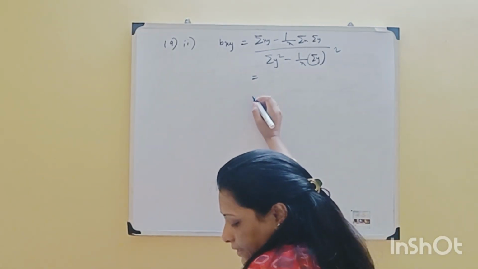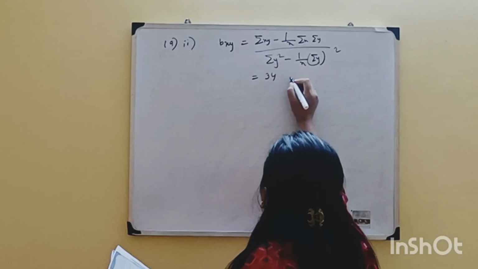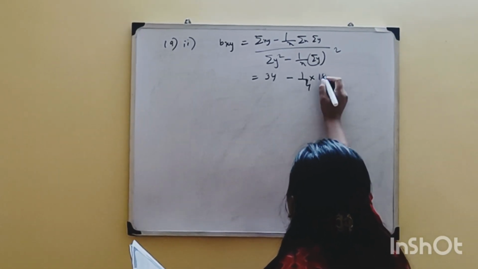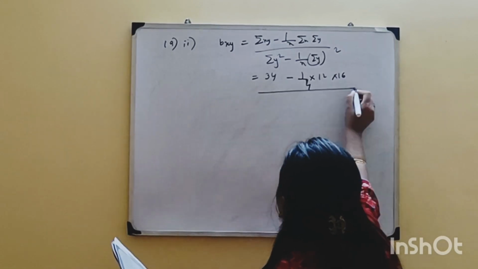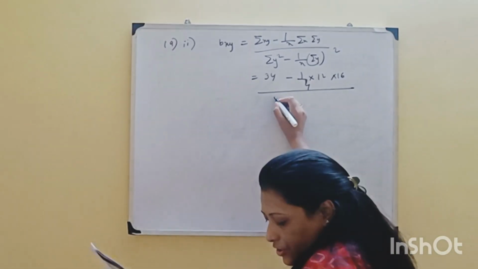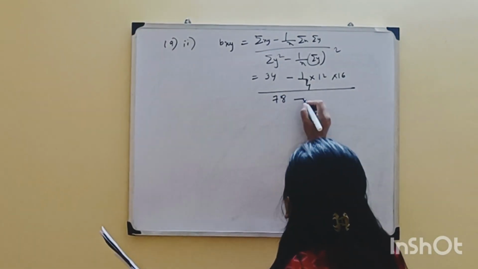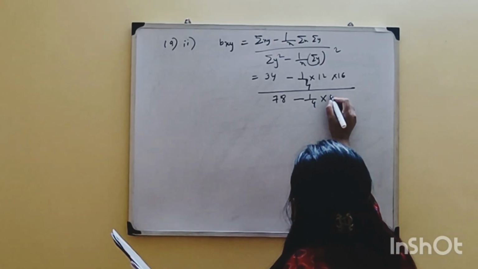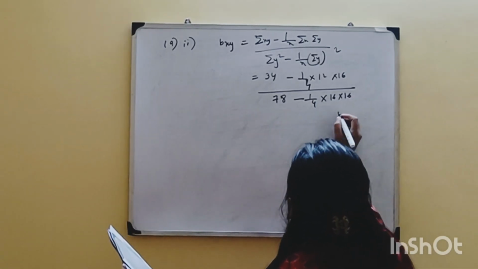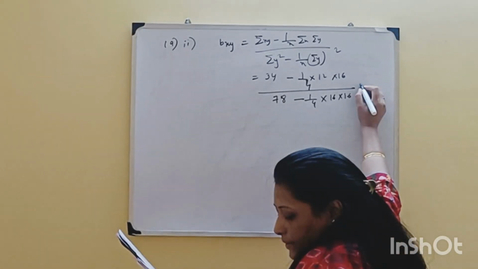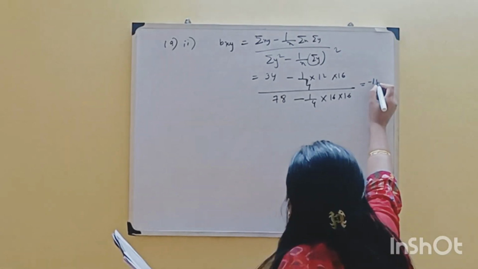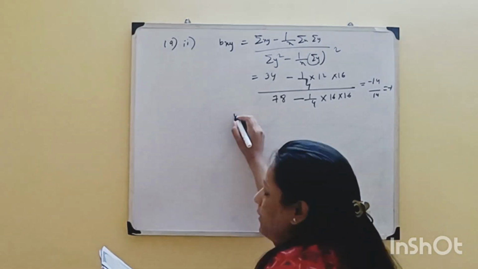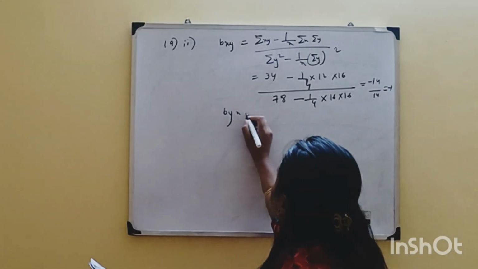If you calculate previously, summation xy is 34 minus 1 by 4 into 12 into 16, divided by summation y square, which is 78, minus 1 by 4 summation y whole square. Summation y whole square is 16 into 16. If you calculate it, the result comes minus 14 by 14, which equals minus 1. So Bxy is done. Now we will calculate Byx.